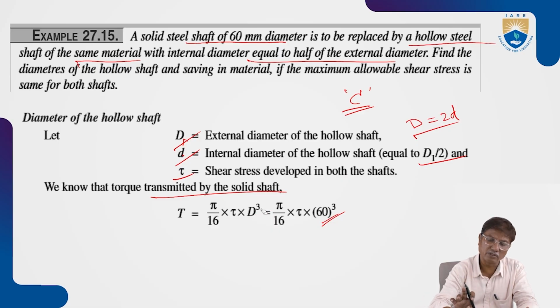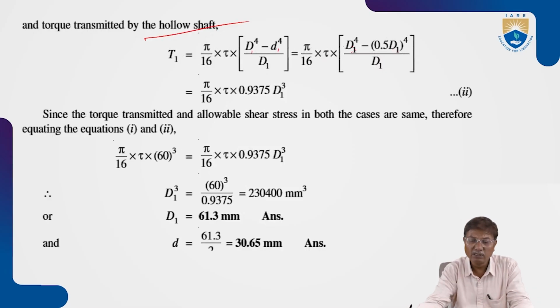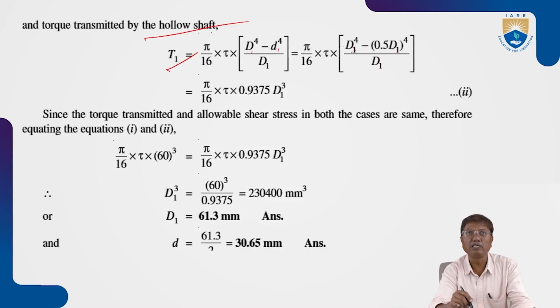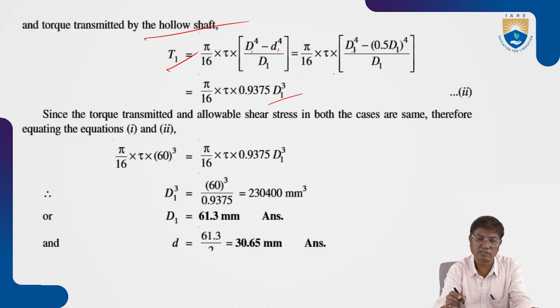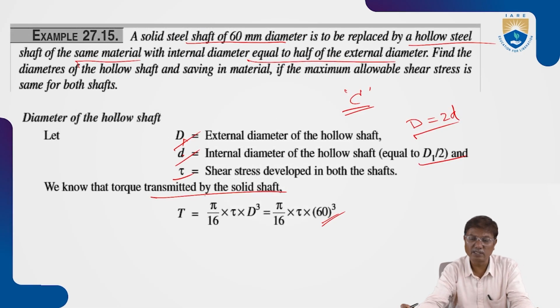And this is D only, the diameter of the solid shaft. So you are getting T1, the torque transmitted by the hollow shaft is this one, and that for the solid shaft is this one.